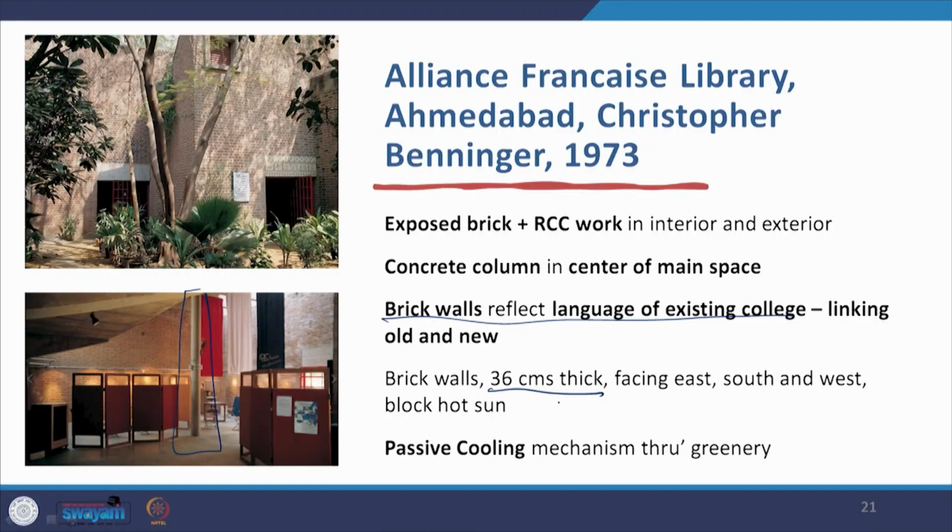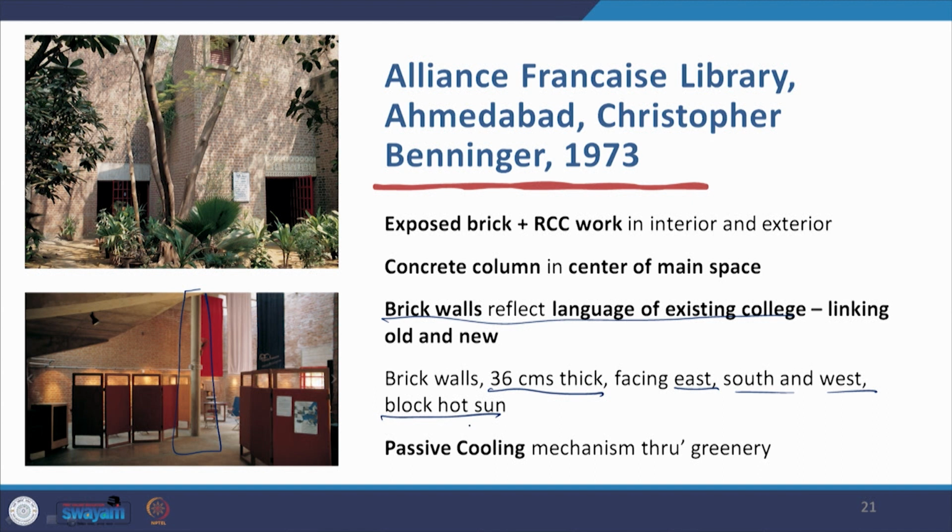On one hand, we have a modernist building, which is the Alliance Francaise Library, and then we have an older building, and just by keeping the material palette similar, we are bringing them to connect with each other. There are other ideas of connecting old buildings with new buildings, and if we get an opportunity, we will look at those ideas later.